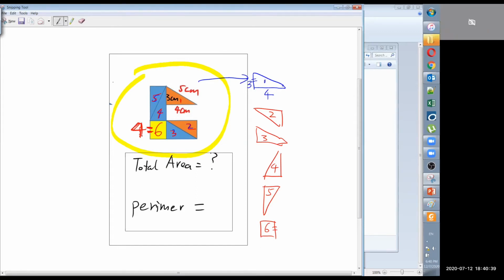Wait. Why 4? I thought 4 is here, right? Can you see this? This one is 4. So if this is 4, what is this? The black one. What's that?